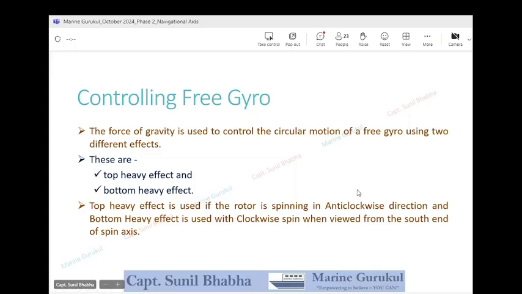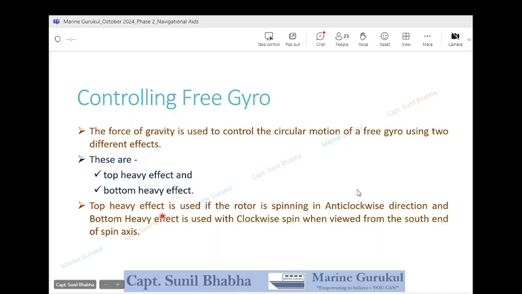Now for controlling the free gyro, we use the force of gravity. The force of gravity is used to control the circular motion of a free gyro using two different effects. These effects are known as the top heavy effect and the bottom heavy effect. We will discuss these effects one by one.